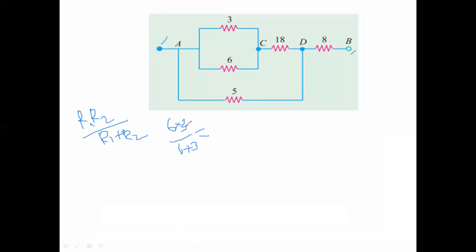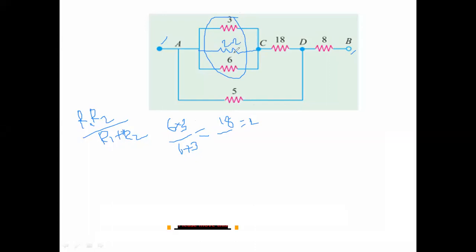What is the value? 18 by 9, so it is 2. Now this entire parallel circuit will be replaced by a single resistor having a resistance of 2 ohms.